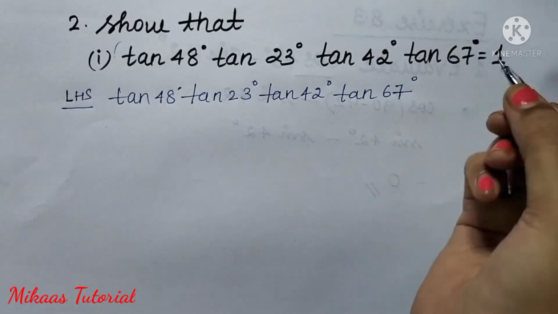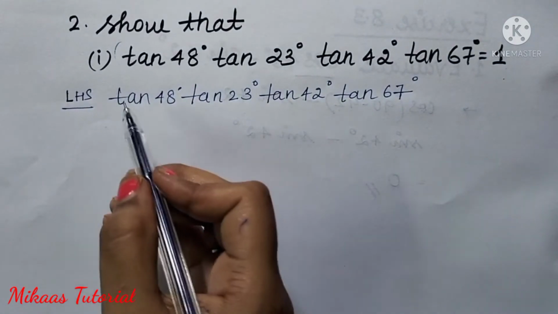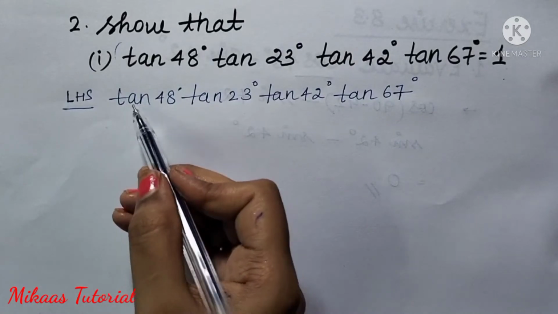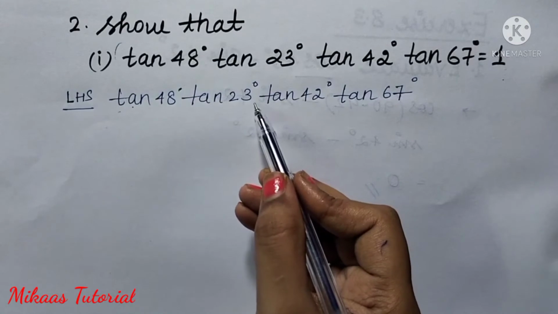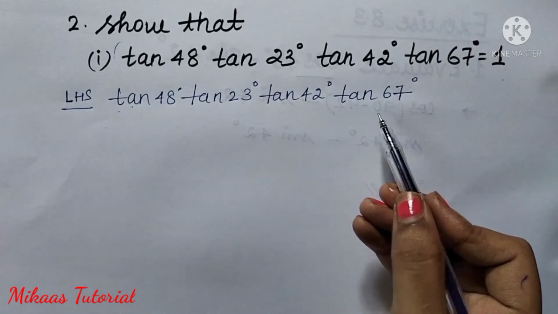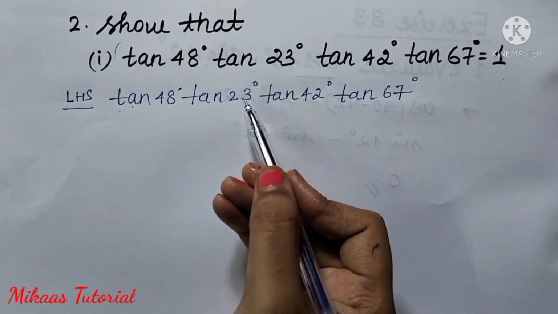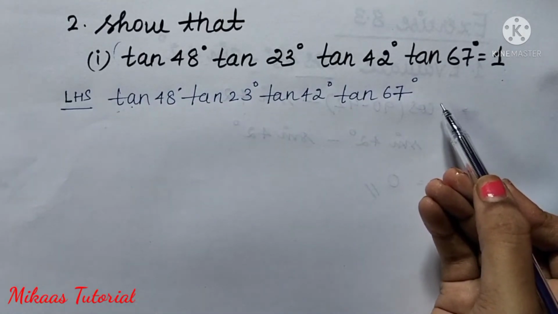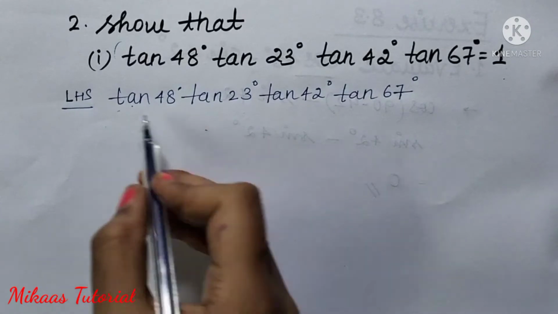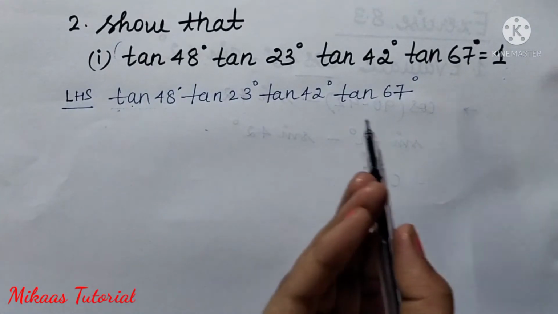First, what do we have to think? We have to convert it into the other form. If two are in tan, the other two are in cot, so you will convert the rest two tan into cot, so that we have all in cot or tan. But in this question, all are in tan. So what to do?